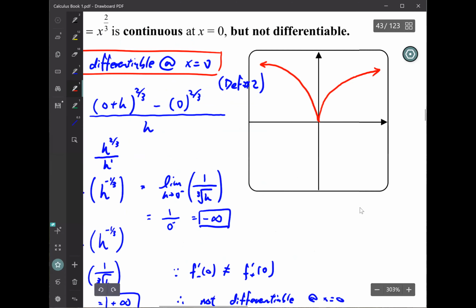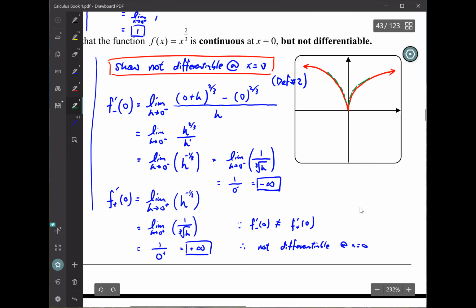It should be symmetric. And then the tangent lines. Everything on the right side is positive, and everything on the left side is negative. As they get closer to the center, it becomes infinity. So that's why you get the two results.